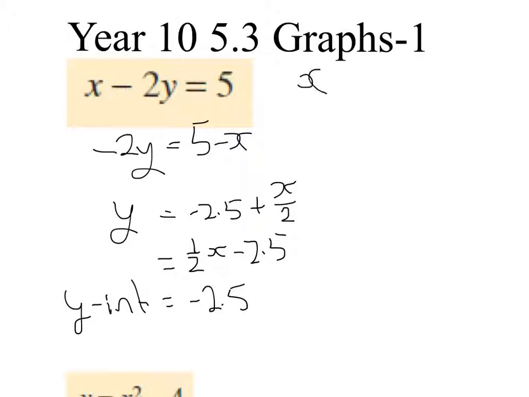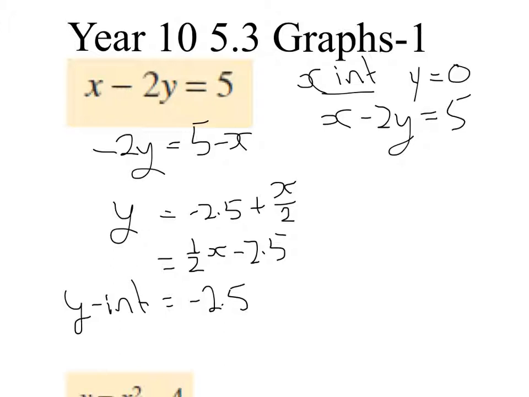Our x-intercept can be found by making y equal to 0, and in this case I might grab the original equation, x minus 2y equals 5, and substitute from there. So 2 times 0 is 0, so you just have x is equal to 5. Given that we have the y-intercept and the x-intercept, remember that we actually get two points.